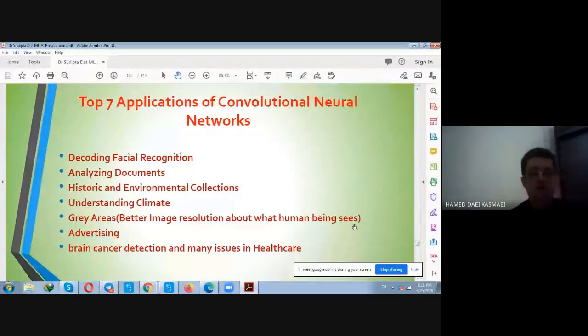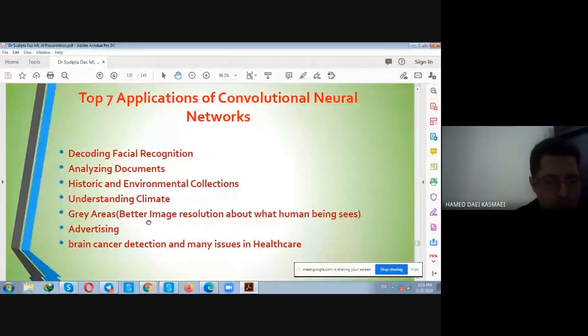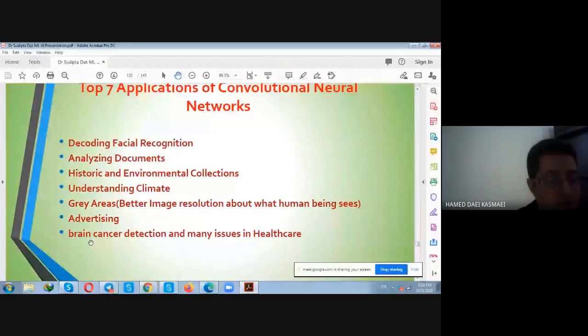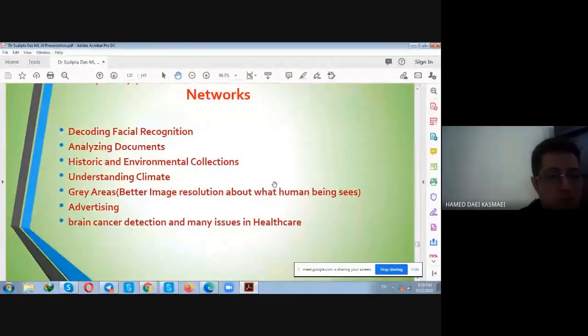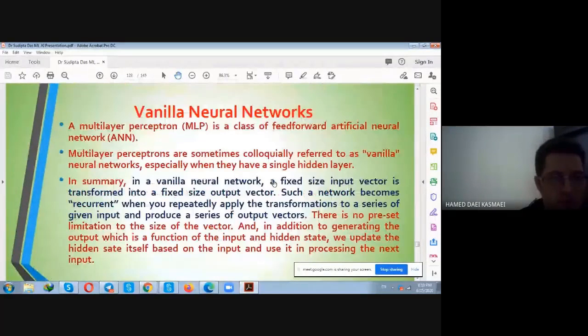Something that you see with the eye is different from what machine learning or convolutional neural networks, CNNs, can diagnose, or can tell us what it is. Okay, or about advertising or online marketing on Facebook, YouTube, everything, or about mathematical biology, or brain cancer detection, or many issues in healthcare that are very important. About, for example, breast cancer, sonography, everything.